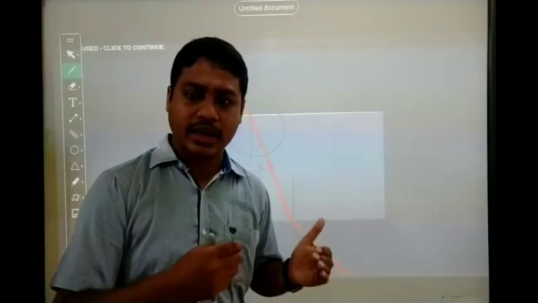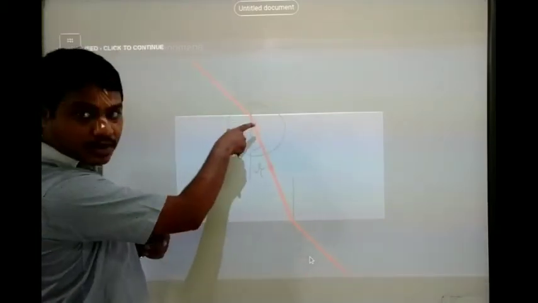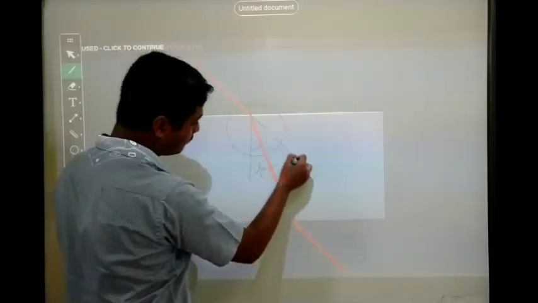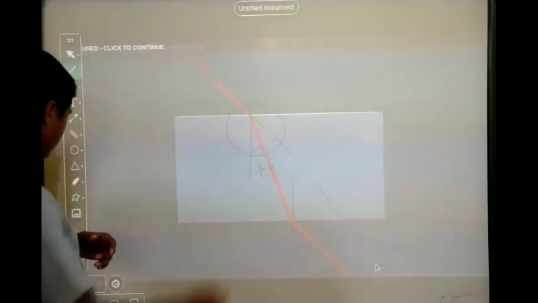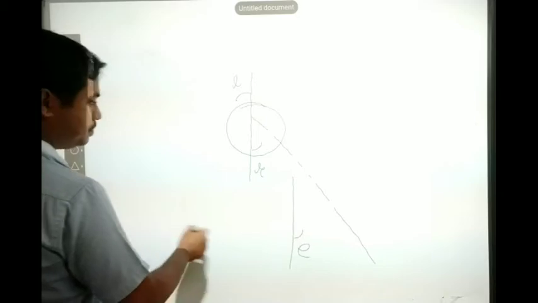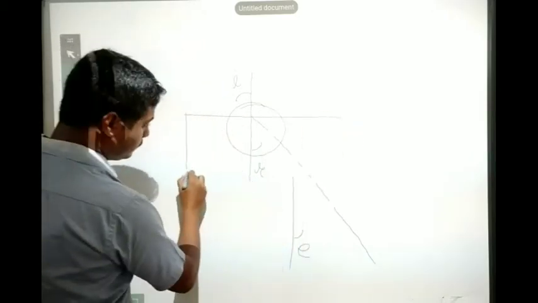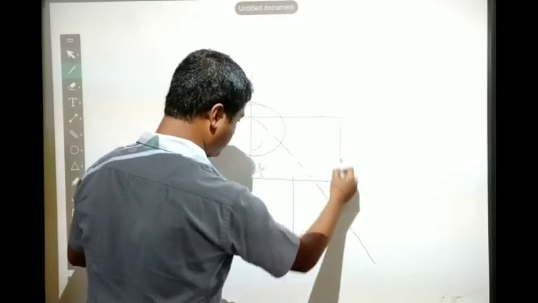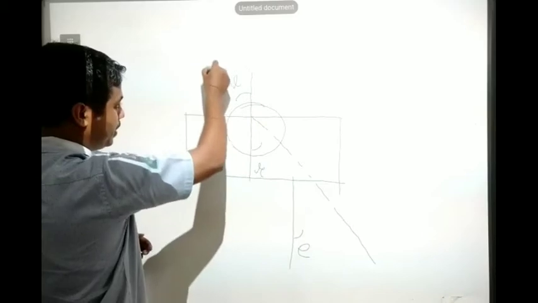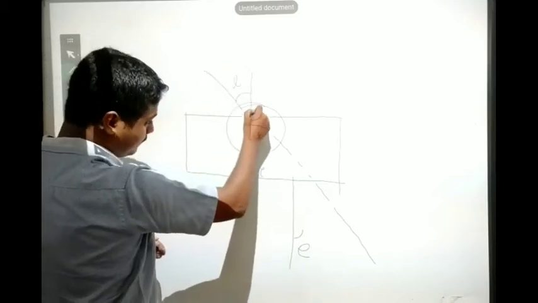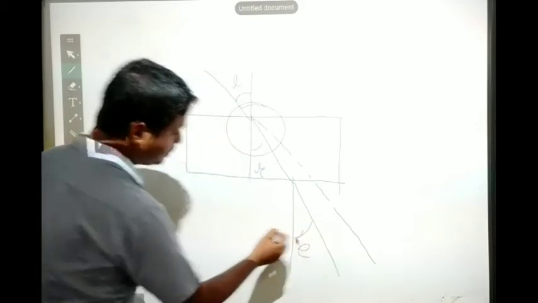In the next part, what I will be discussing now is, if I extend this incident line, let me draw a picture here. One ray will be coming from this side, it will come here and bend away here.